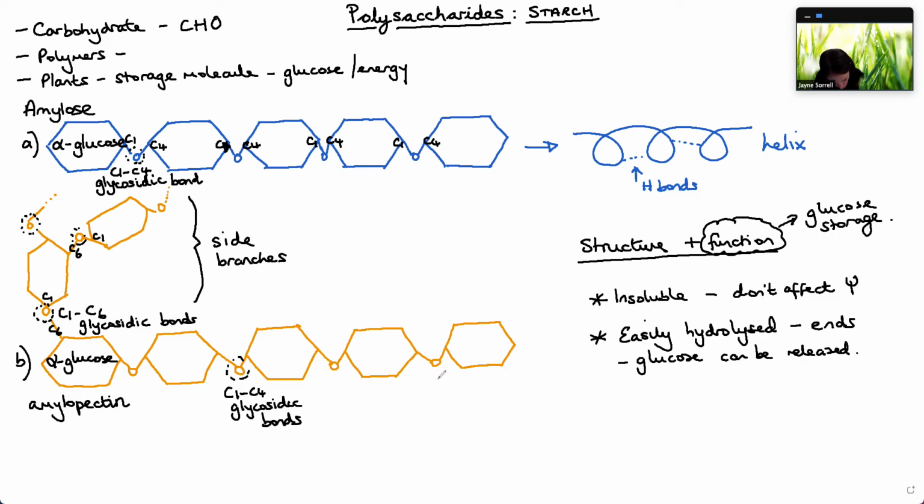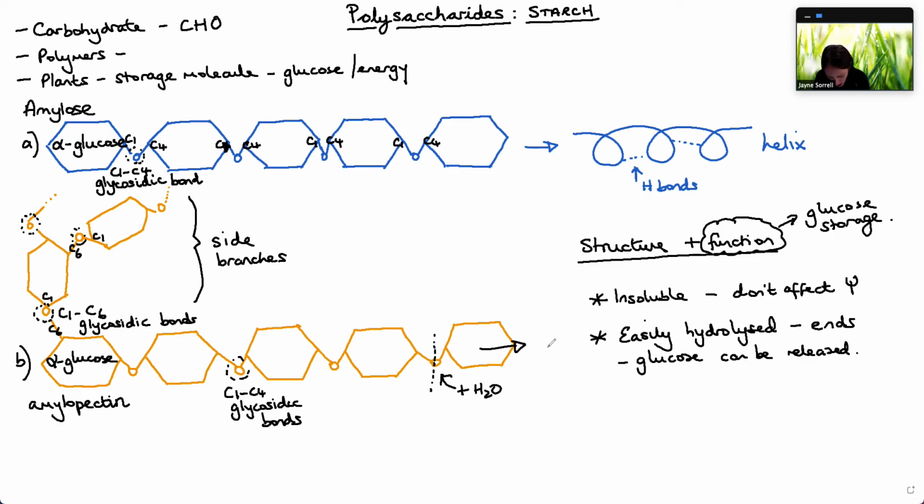In order to break this glycosidic bond, you need to add a molecule of water. Breaking by adding water is a hydrolysis reaction. So we say that these bonds can be easily hydrolyzed, and that then releases this glucose molecule, so it can be broken down in respiration.